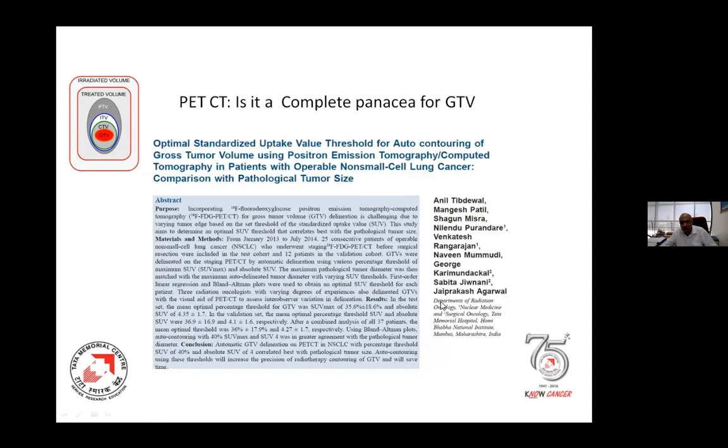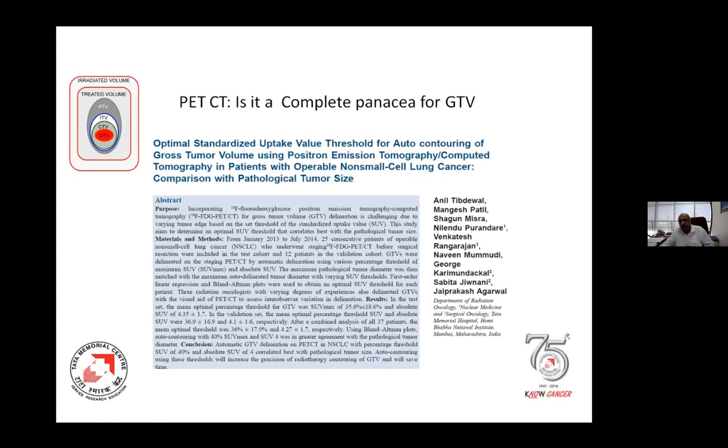So we wanted to do some PET studies and try to do some auto contouring so that the time is decreased and the consistency improves. So we also wanted to see what is the histopathology size of this gross tumor versus the PET, which will be helpful when we are going to mark for SBRT or any curative lung tumors.